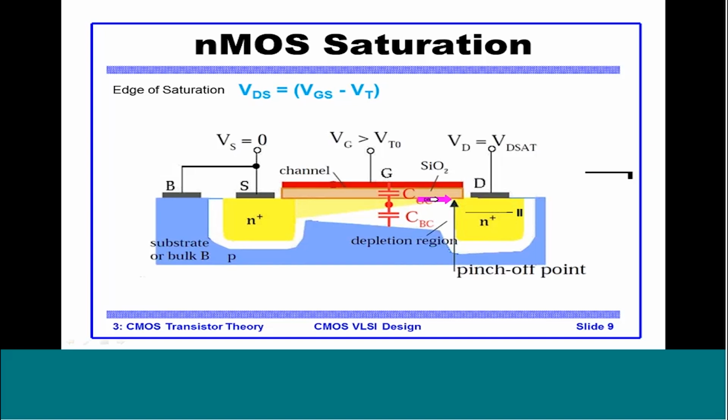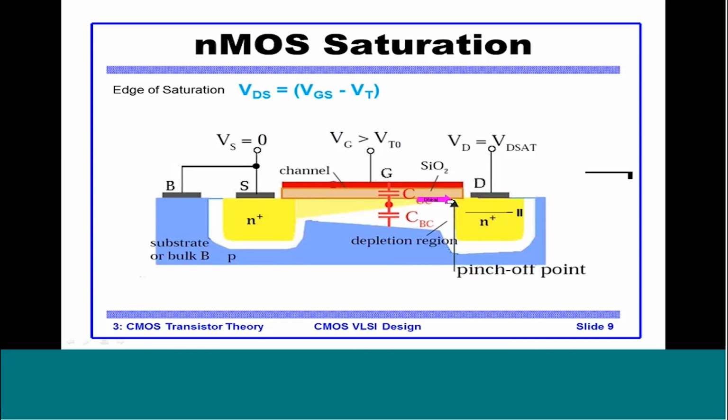In other words, the higher the voltage on VD, the more electrons are pulled. The region closer to drain starts getting devoid of electrons. This causes the region to pinch off, and we call this the boundary of saturation.